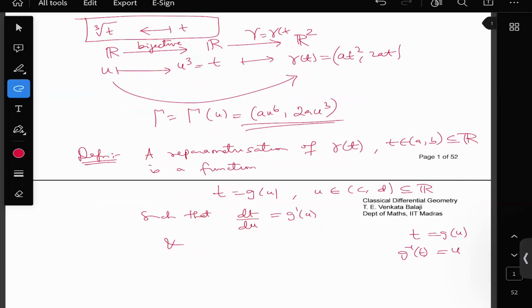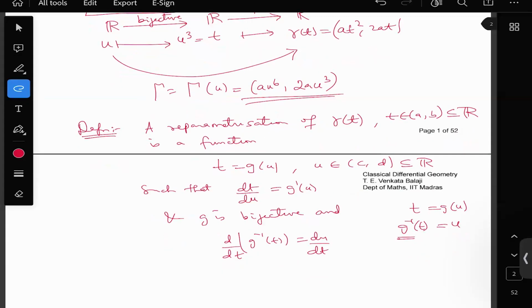So g is bijective, so I can write g inverse, and d/dt of g inverse of t, which is du/dt if you want.